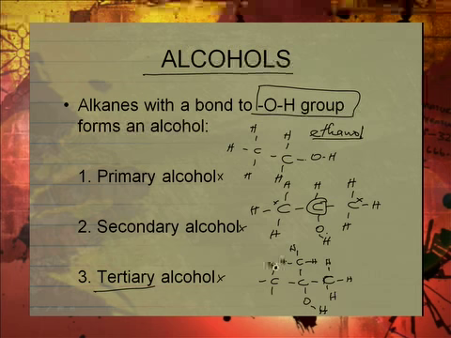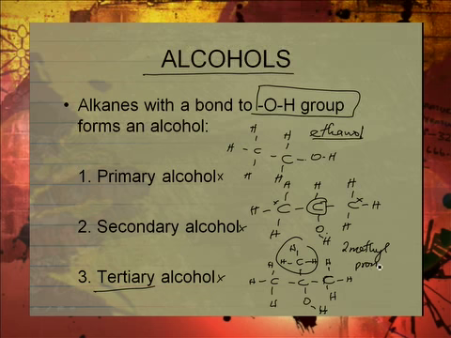That is a tertiary alcohol. Okay, and you can name that. This is 2-methyl because of that methyl group there, and then propan-2-ol. This OH is attached to the second carbon atom.